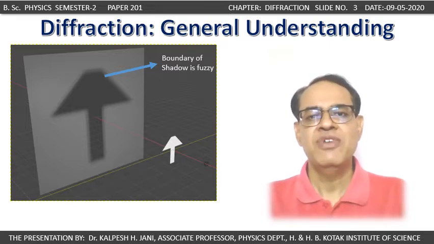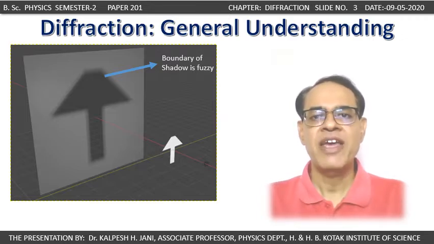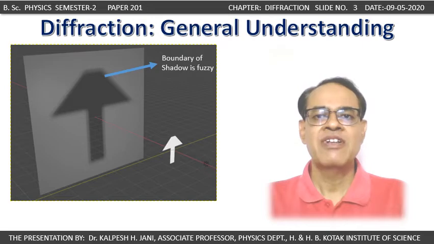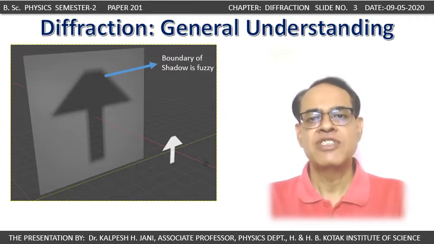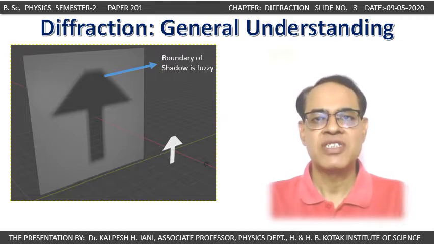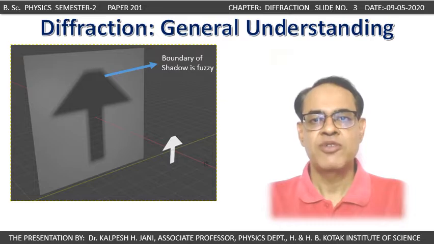Actually, we should expect a very sharp boundary. Why? Because light travels in a straight path. So whatever light rays are able to make it to the screen would illuminate that part of the screen, and the part of the screen that the light rays cannot reach would be dark, forming the shadow of the object.